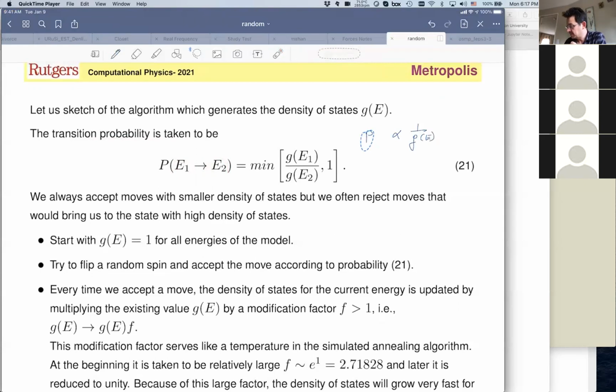Then we know that Metropolis requires that the transition probability to go from E1 to E2 has to be the ratio between the current and the new one. So this is how Metropolis gets the transition probability if we know the probability for a certain state.